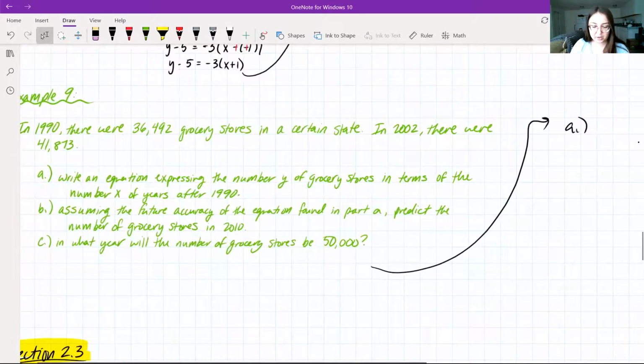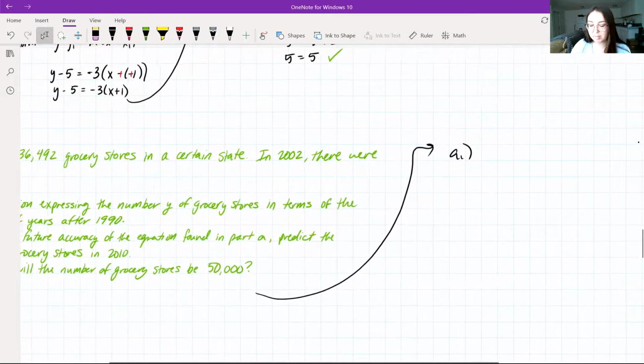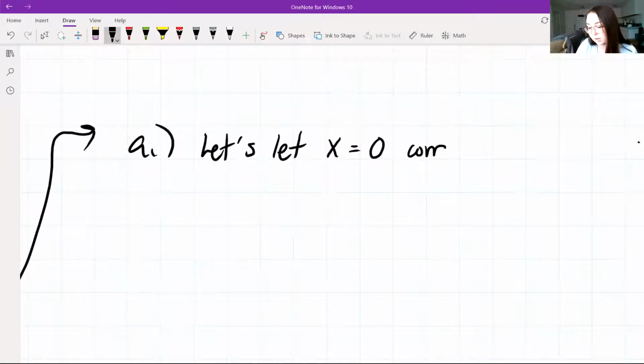All you want to do is write an equation expressing the number y of grocery stores in terms of the number x of years after 1990. And it looks like we're given two points, essentially. So let's start by letting x equal 0 correspond to the year 1990.